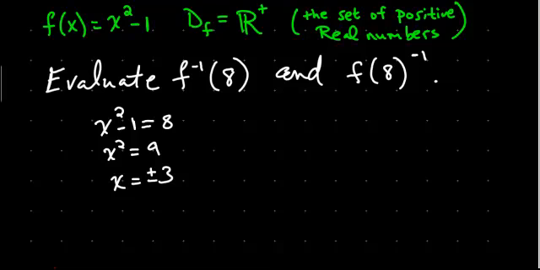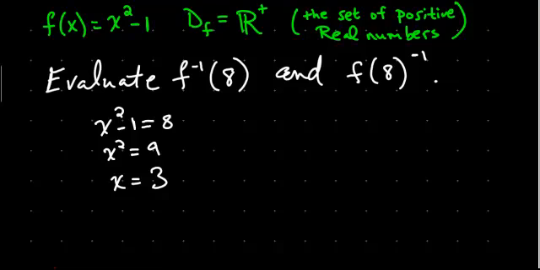Well, up here it says the domain of my function. So note x is a domain value, and here it says the domain of my function is going to be R plus. So x is just going to be the positive value. Okay?